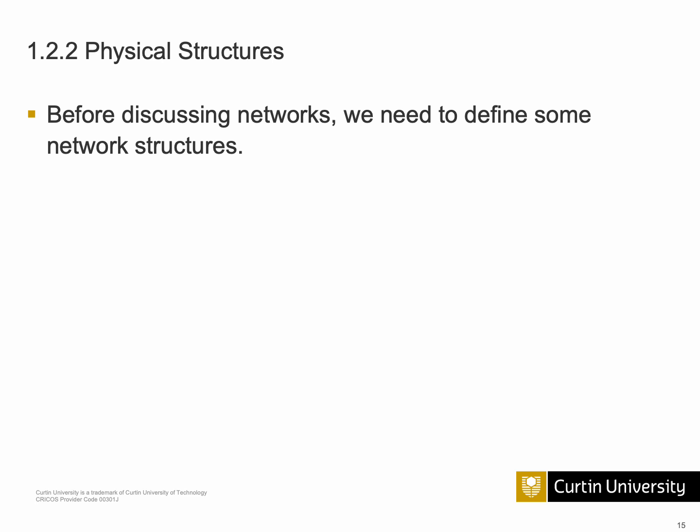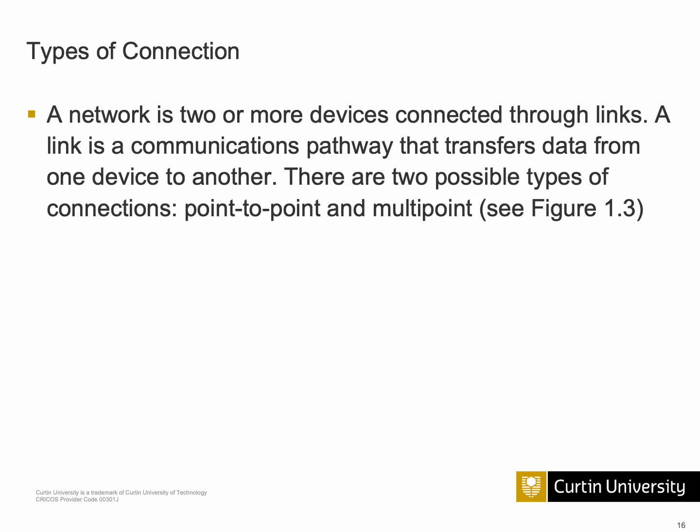We need to discuss some physical structures, and before that we look at some network attributes. First one is the type of connection. A network is connected devices, and these devices can be connected through links.